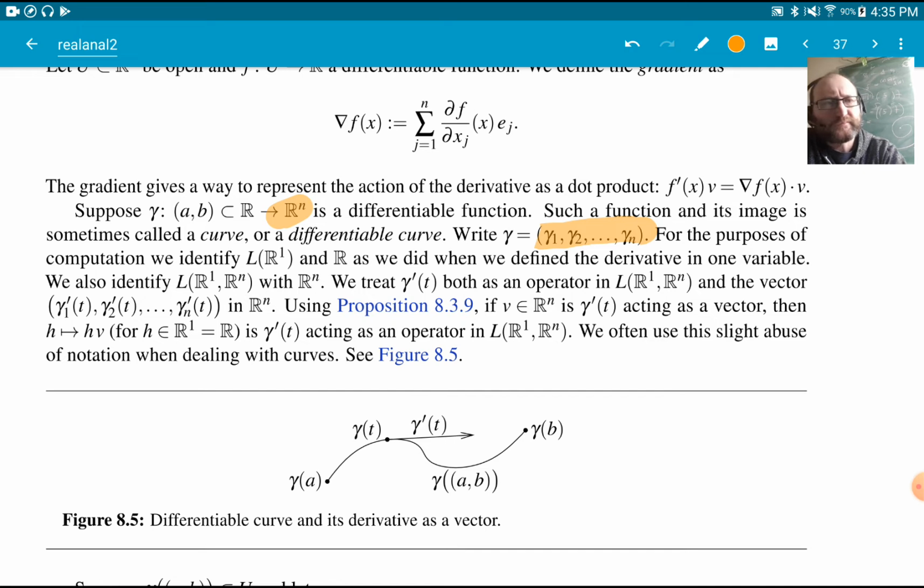Now, when looking at such a gamma, if we took the derivative here, well, if you think of it as a matrix, you actually do get a column vector.